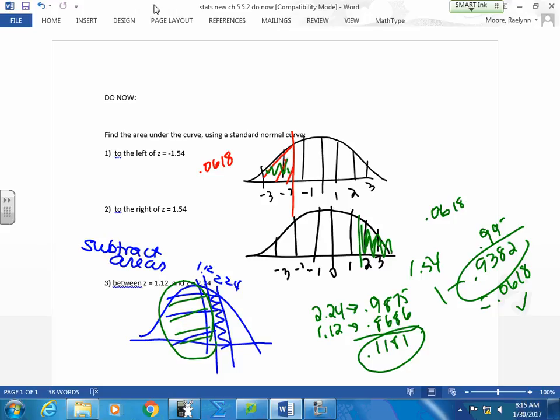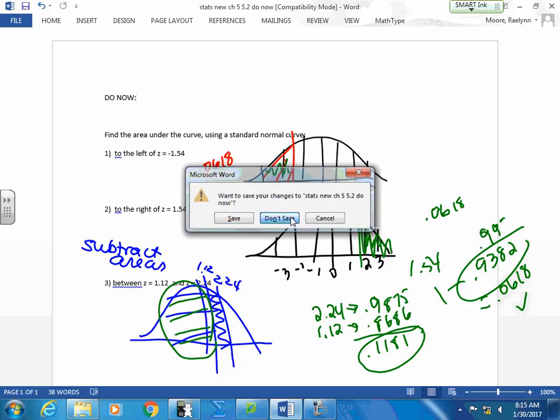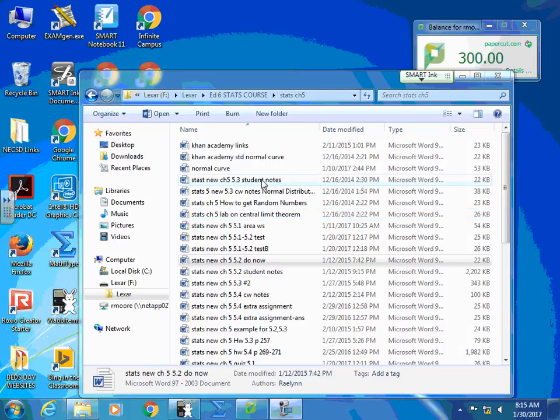Just take a look at these, the properties of your standard normal curve and your normal curve. It's really important that you catch the difference, because we're going to be using your normal curve now, other than your standard normal curve.